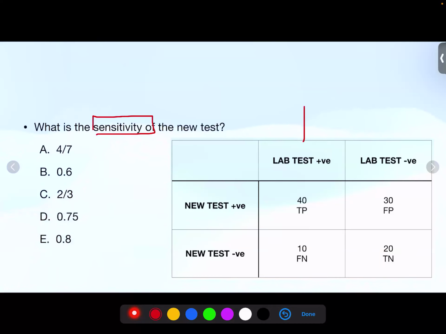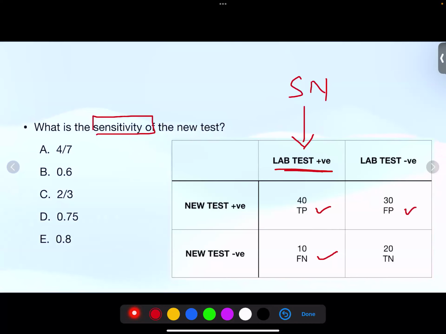So for sensitivity, an easy way to remember this: the arrangement would be the same. You cannot disturb the arrangement, and if you want to make a table, you also have to write the table like this. True positive always here, false positive here, false negative, and true negative.